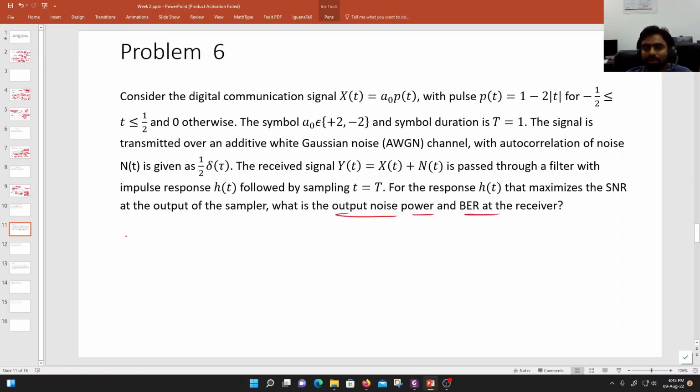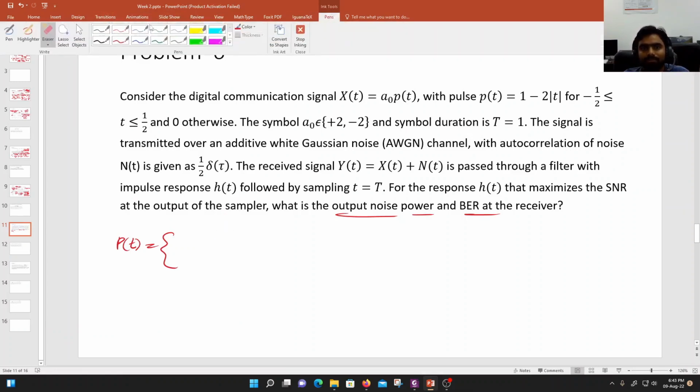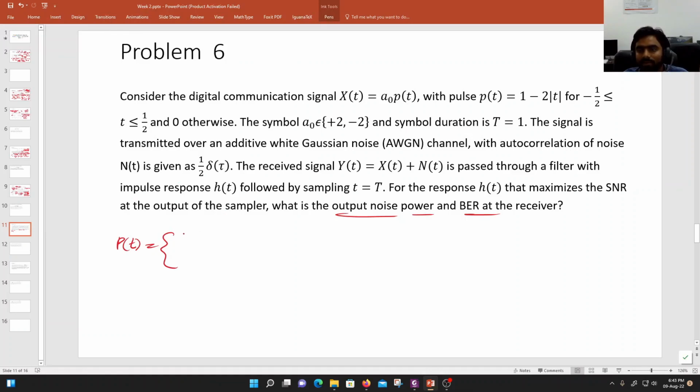A few important things here. P of t you can also write as 1 minus 2t for positive t.